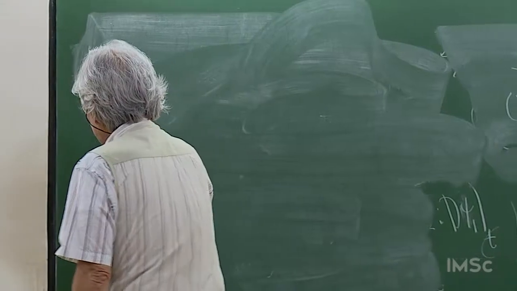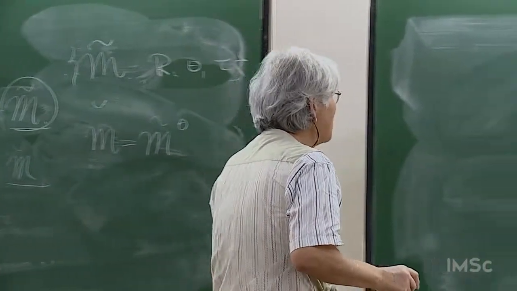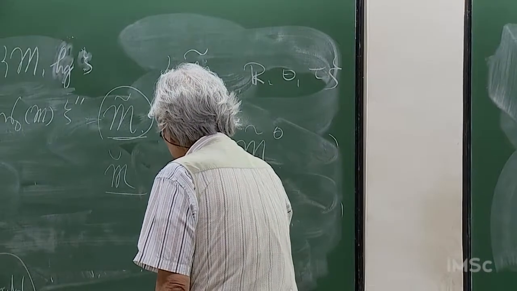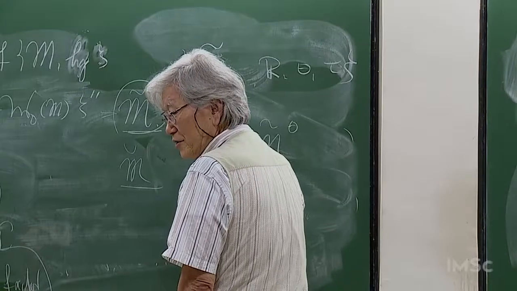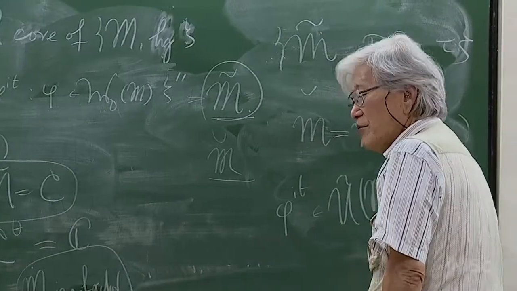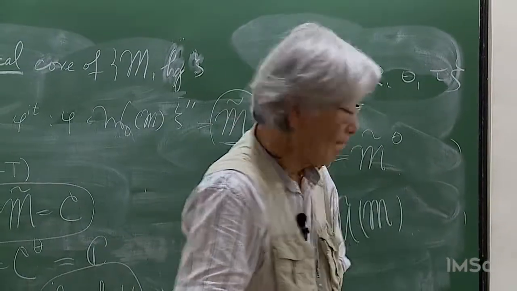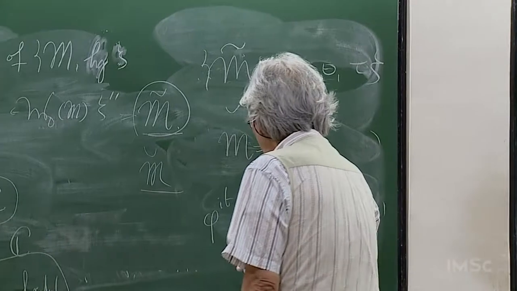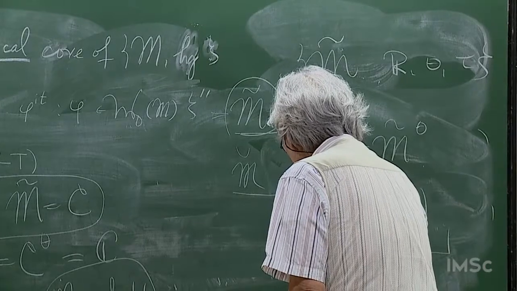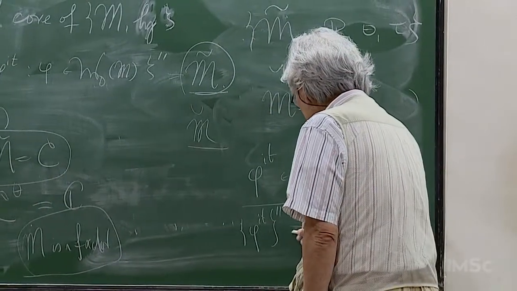One thing I would like to mention is the following. Consider M tilde, which contains phi to the power it, the one-parameter unitary group, which sits in the normalizer of M, and phi t gives rise to the modular automorphism of M. Now, if you consider the von Neumann subalgebra generated by phi to the power it, it is obviously abelian.